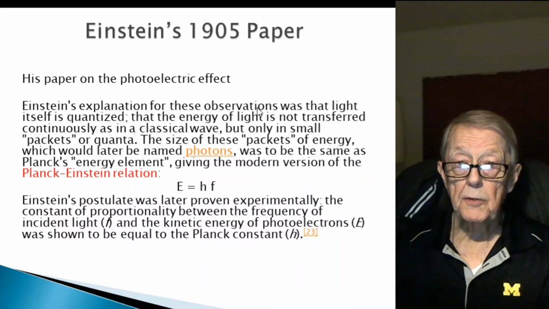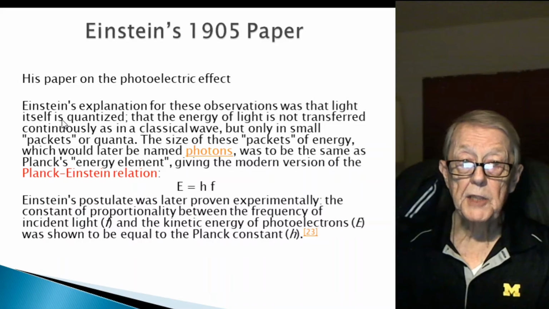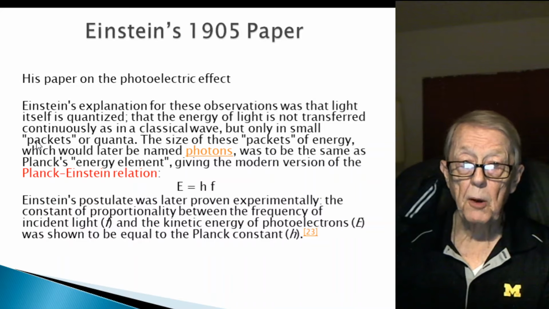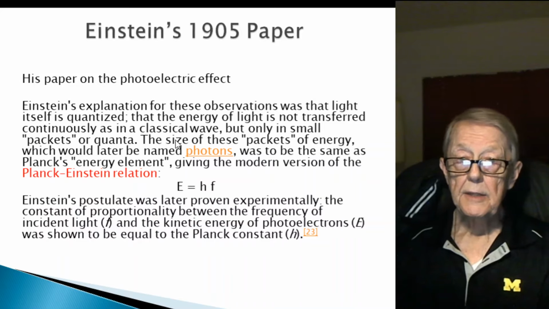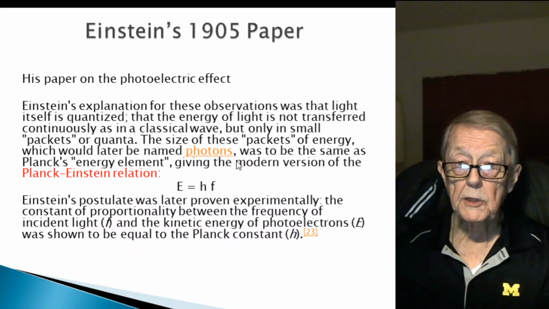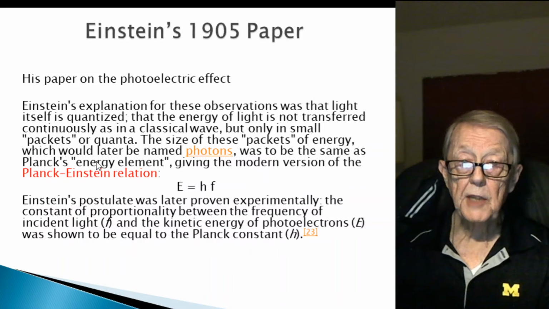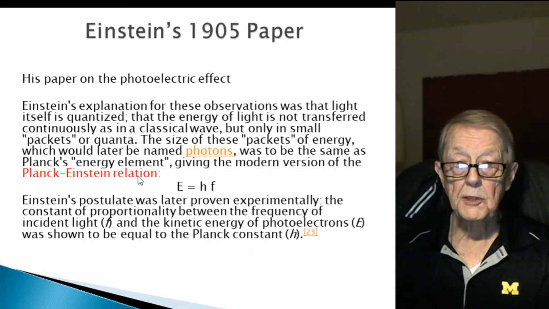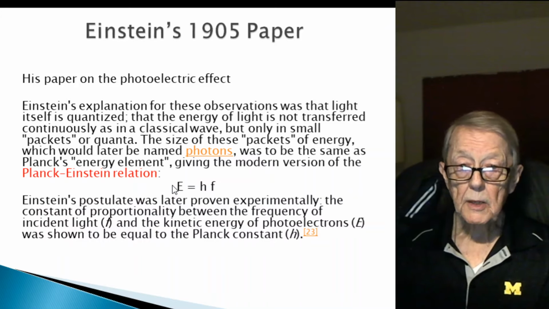Einstein's explanation for this observation was that light itself was quantized, that the energy of light is not transferred continuously as in a wave, but only as small packets or quanta. The size of these packets of energy, which would later be named photons, was to be the same as Planck's energy element, giving the modern version of the Planck-Einstein equation, E equals hf. Einstein's postulate was later proven experimentally.